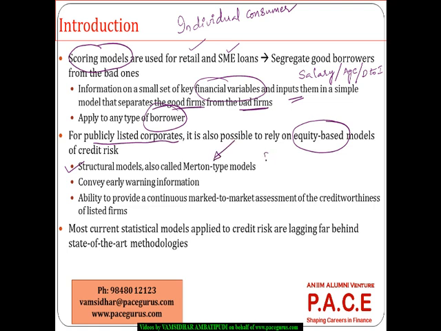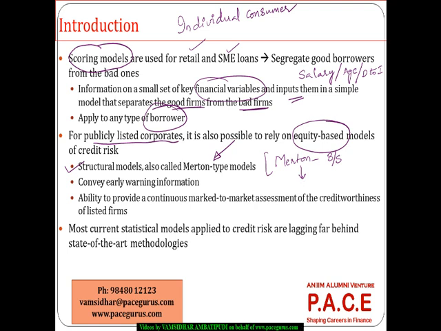This is a model first introduced by Merton based on the concept of the Black-Scholes model, but later on different researchers have come out with improvements over the Merton model for assessing the probability of default.